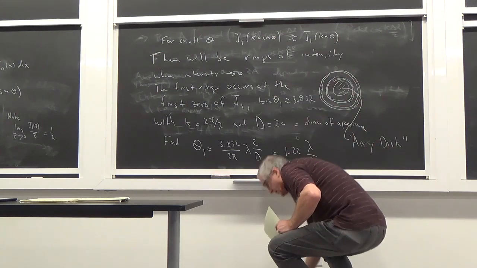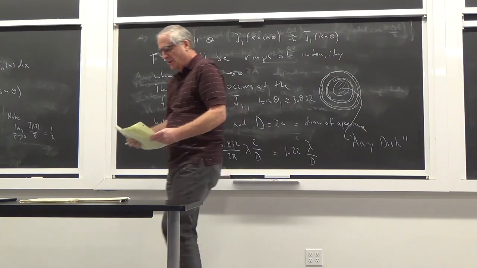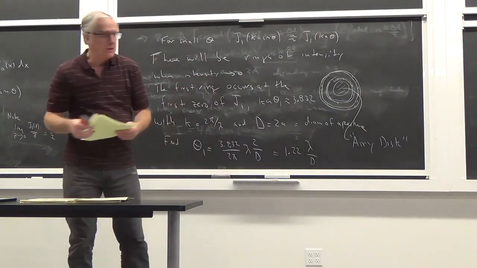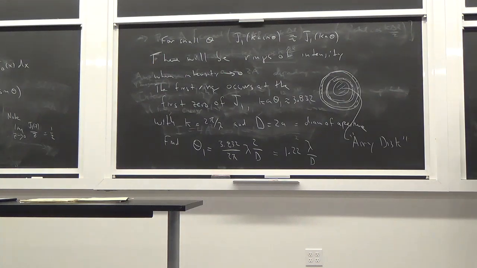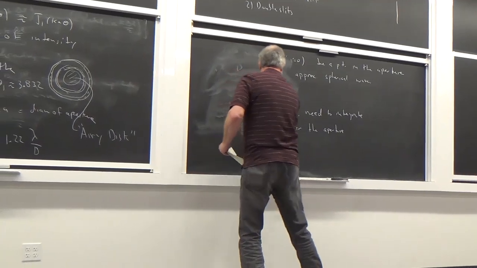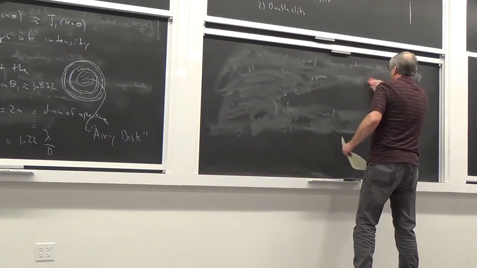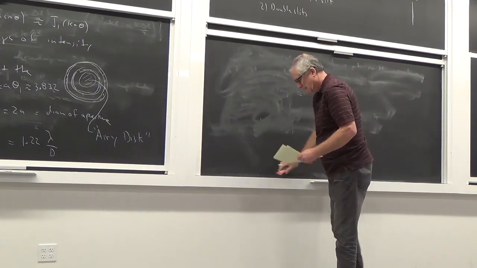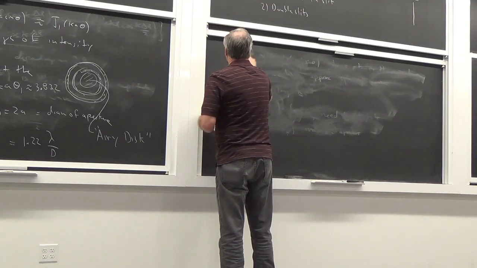And it's of some importance in things like telescopes because it tells you when you can resolve, say, two stars that might be close together, two objects. So there's something called the Rayleigh criterion.